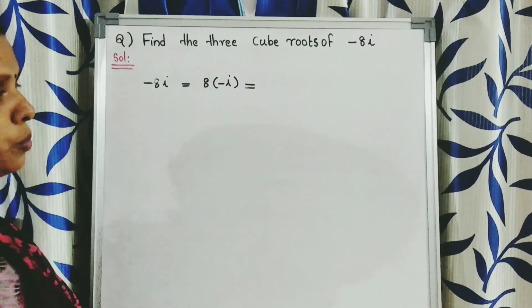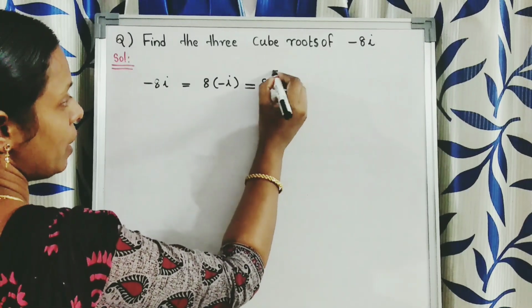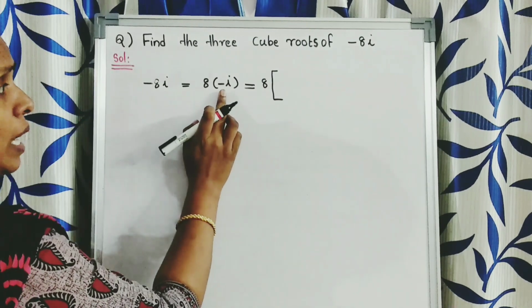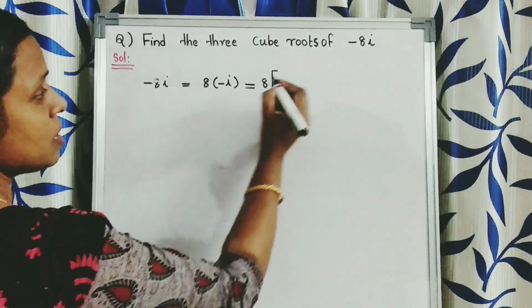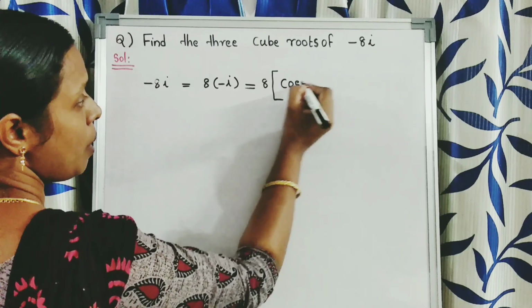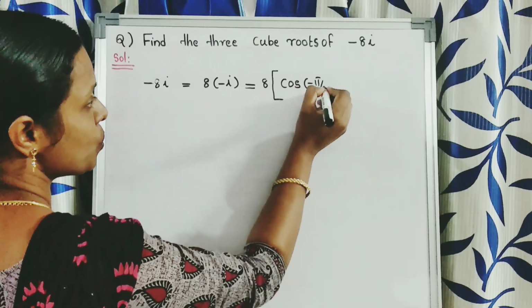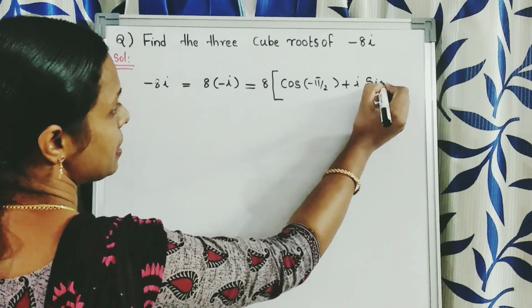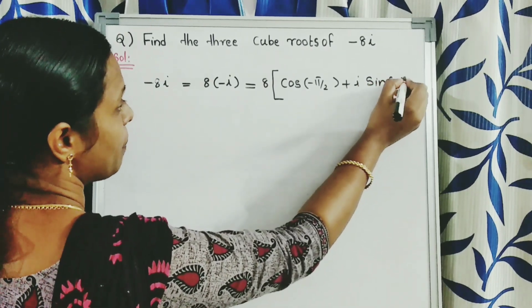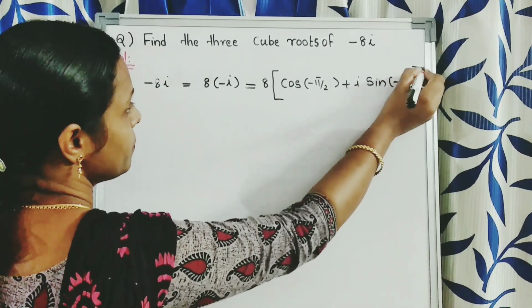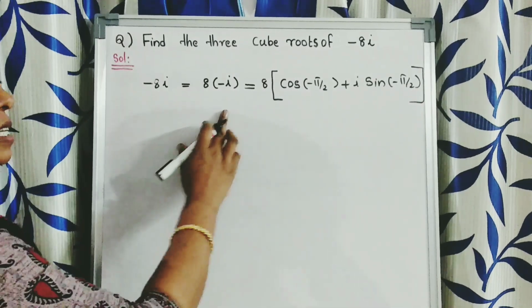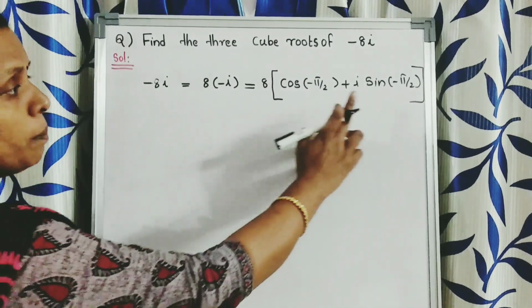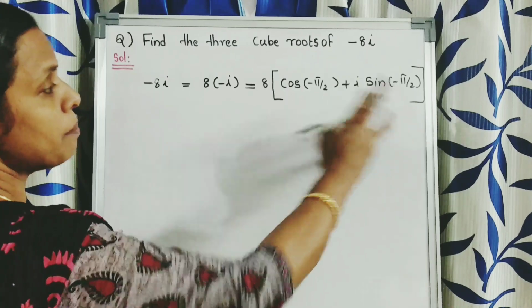Here the polar form of negative i is cos minus pi by 2 plus i into sin minus pi by 2.